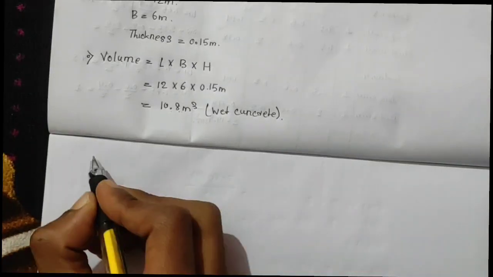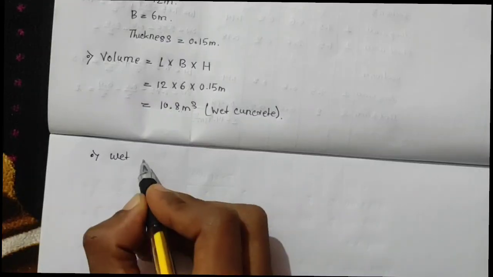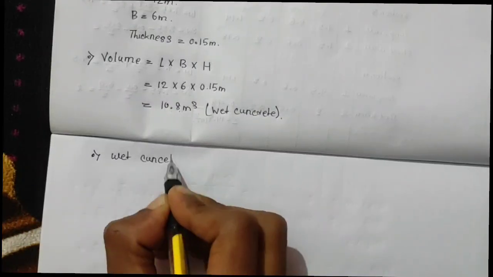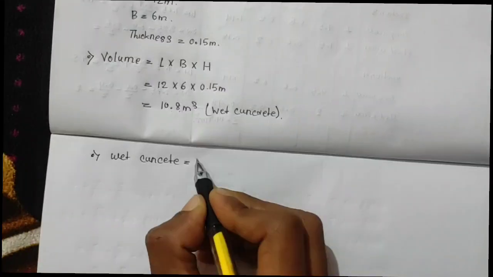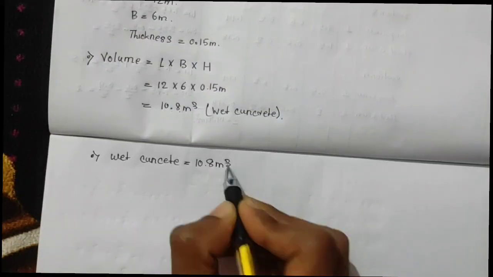Now wet concrete is equal to 10.8 meter cube.